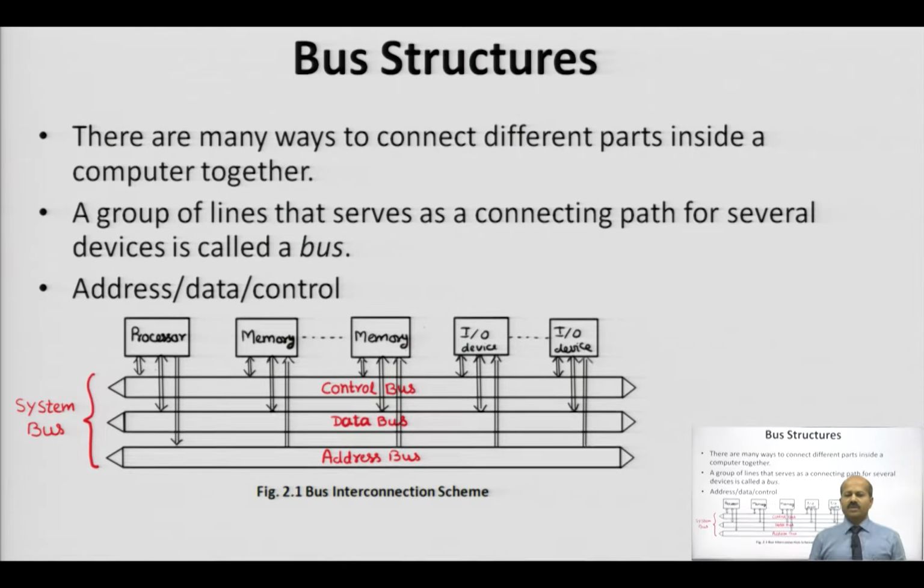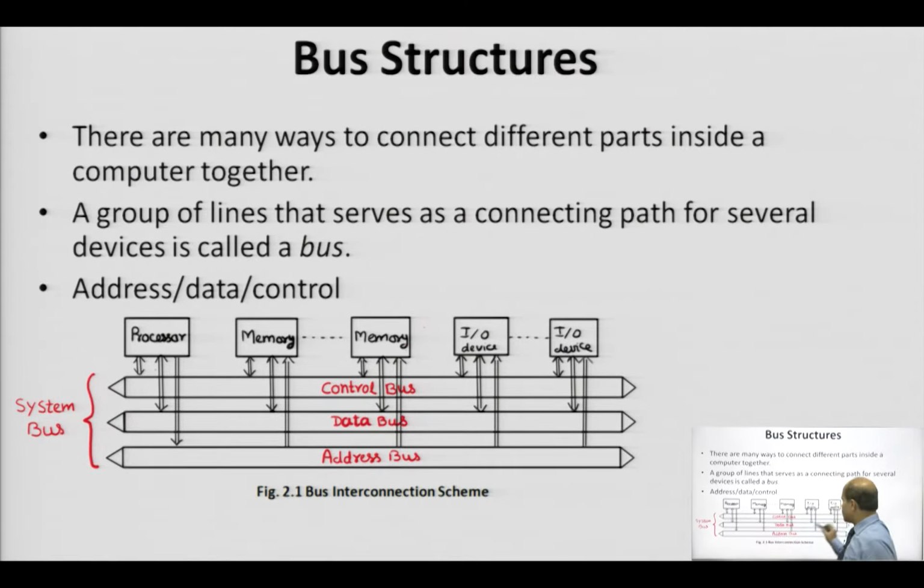This bus is used to transfer the address for a particular component, and these addresses are always generated by the processor, because the control unit is basically responsible for generating all the addresses. The control unit controls all the operations in the system. That is why all the addresses are generated by the control unit, and these three combined are called the system bus.